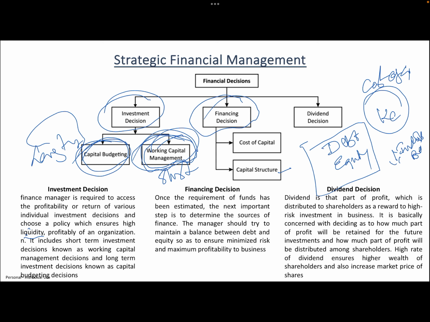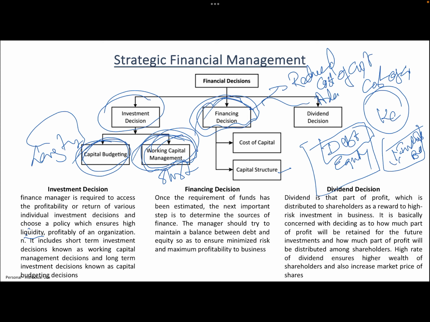If it is more, then we have to restructure our debt portfolio or equity portfolio. So the finance team will calculate the cost of capital, compare it with the industry benchmark, and then take proper decisions. The overall outcome of the financing decision is reduced cost of capital and having adequate capital to run the business.